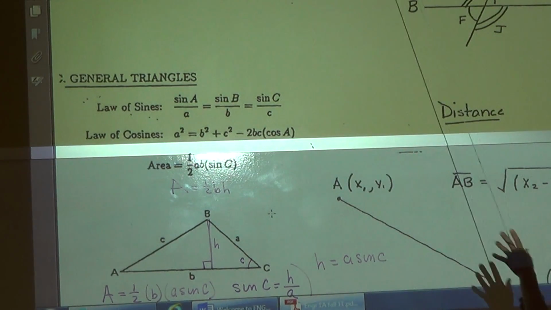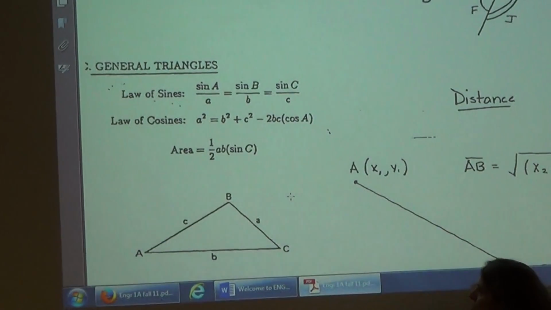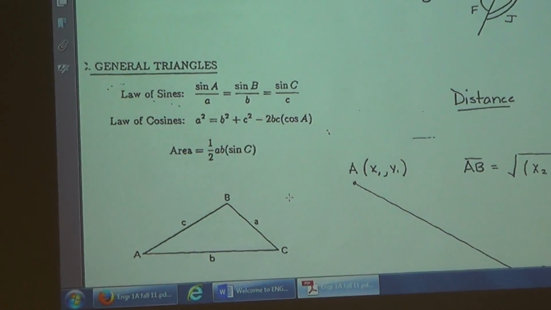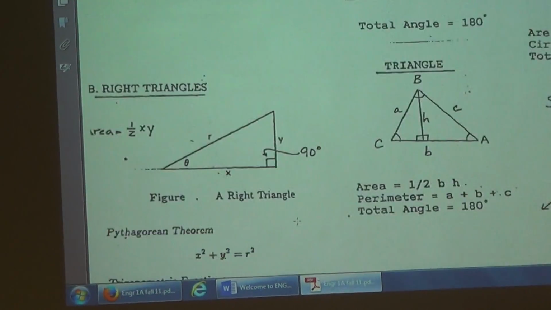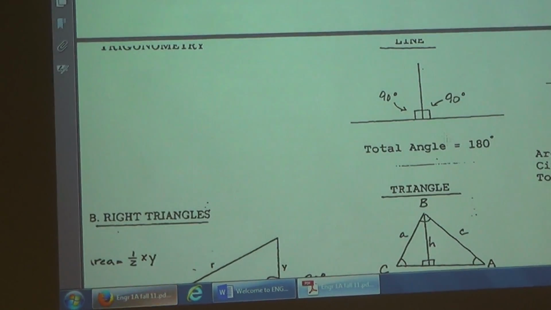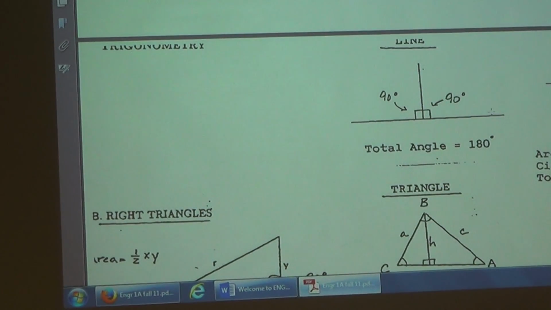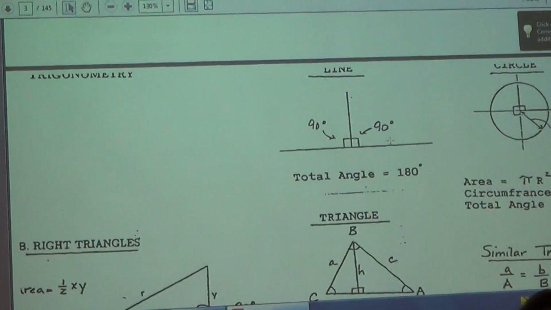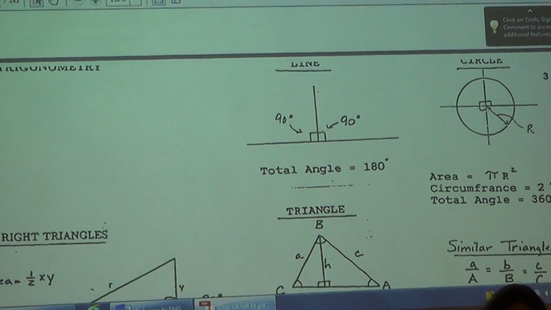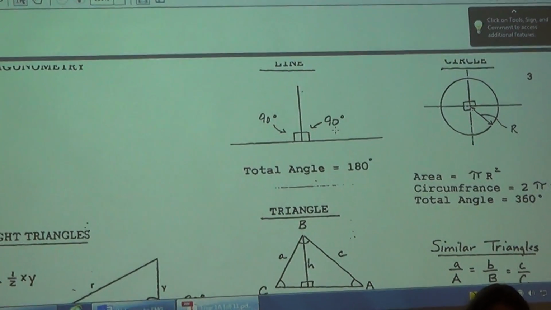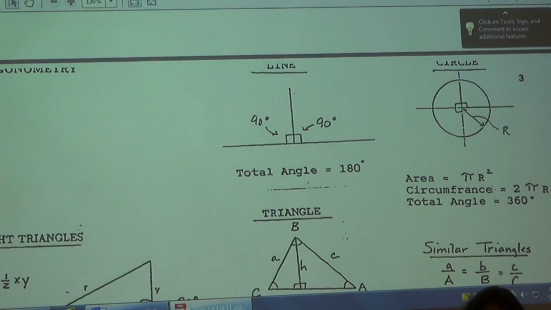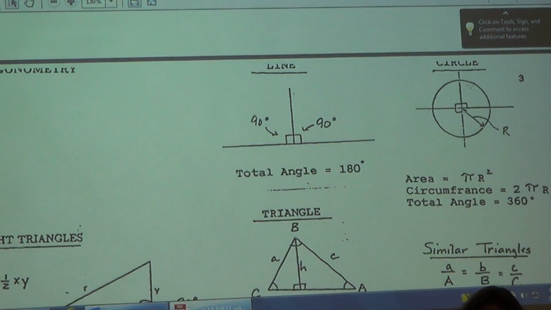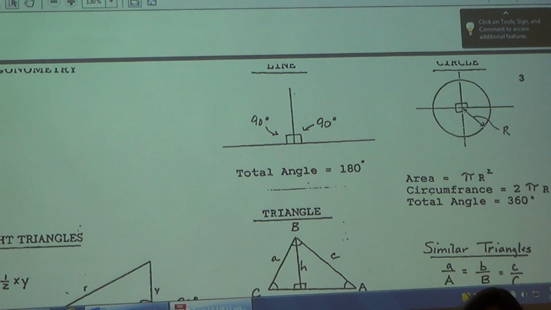Okay, let's go down to the next side, the right side now. In this case there's another line here that's 90 degrees. Of course, the total angle of the line is 180, so it would be 90 on both sides. For a circle, the area is pi r squared, that's the area inside, and the circumference is 2 pi r.